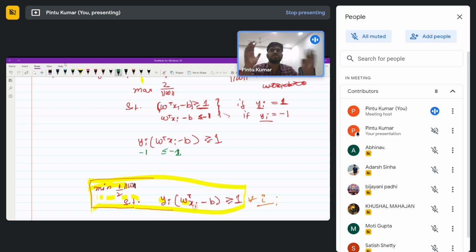Minus multiplied by minus becomes +1, and because I'm multiplying by a negative, the sign of the inequality changes and it becomes greater than or equal to, right? So if I just multiply this by yi, I can combine these two constraints into a single constraint: yi multiplied by W transpose xi minus b is greater than or equal to 1. Was I clear?